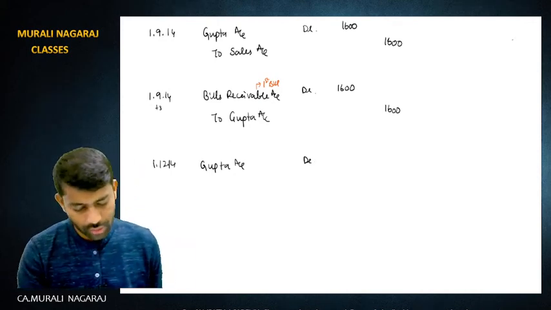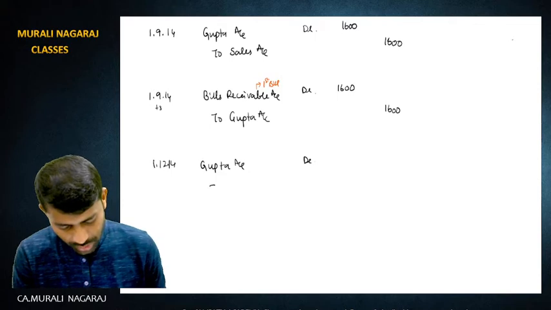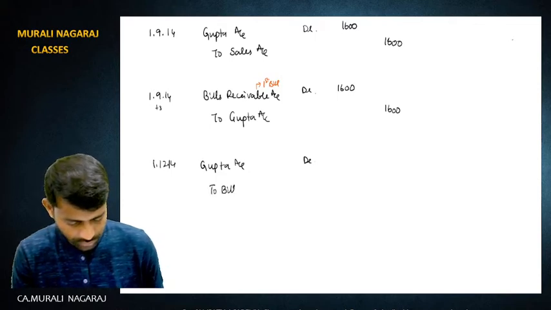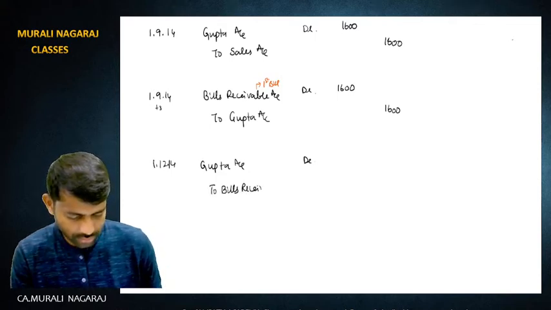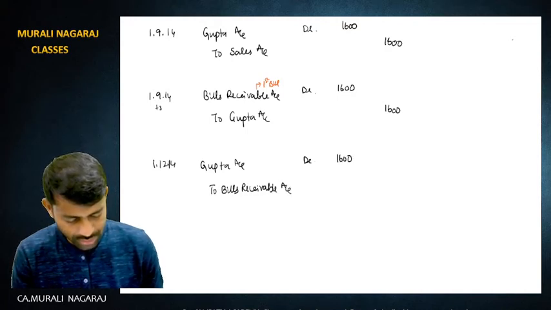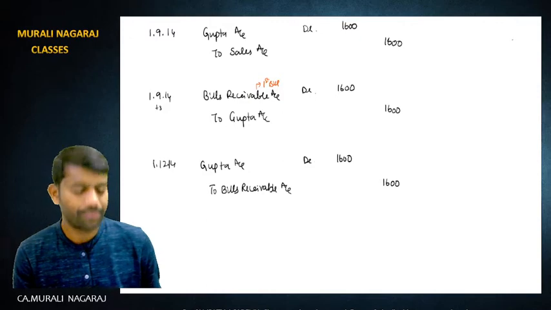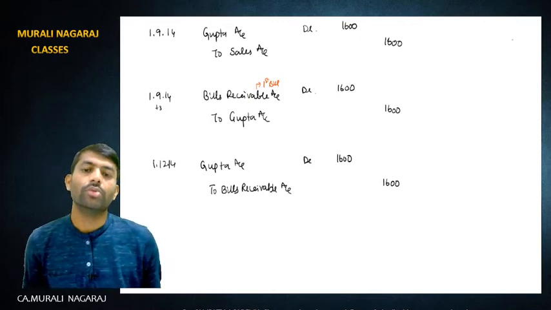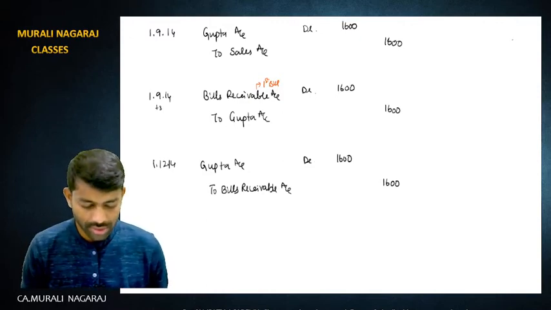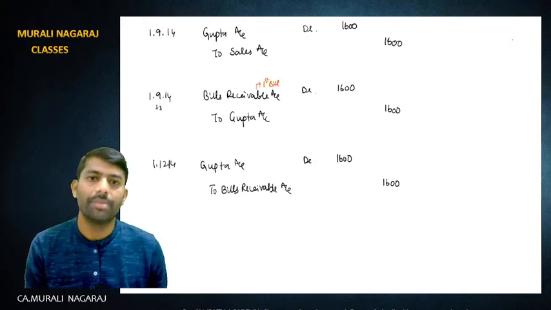So the entry is Gupta account debit to bills receivable account, 1600, 1600. So we have redebited the Gupta account and we have closed the bill account.